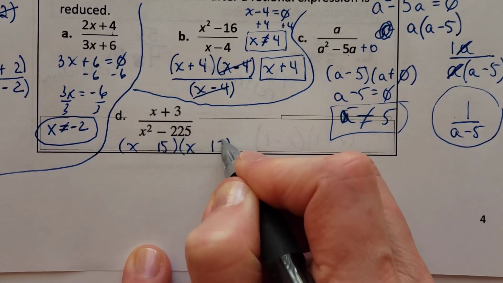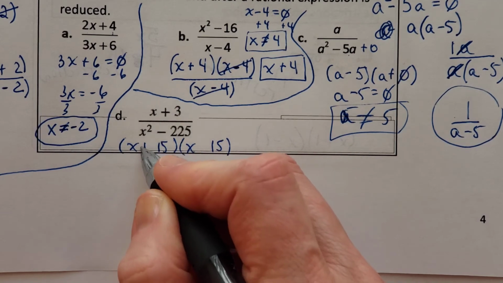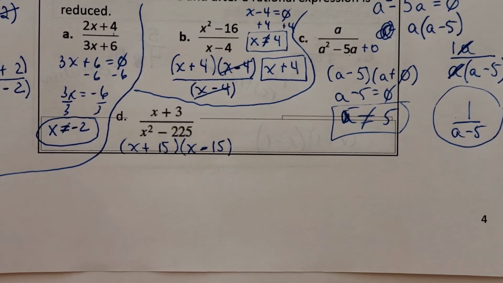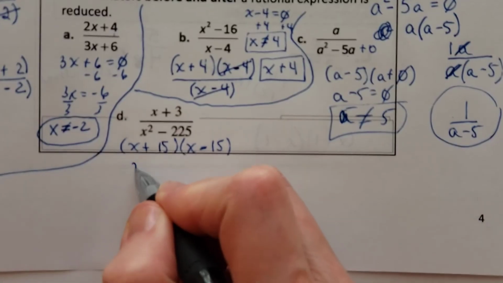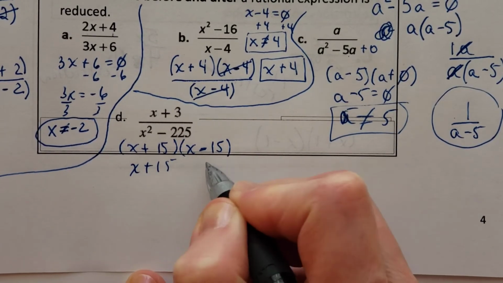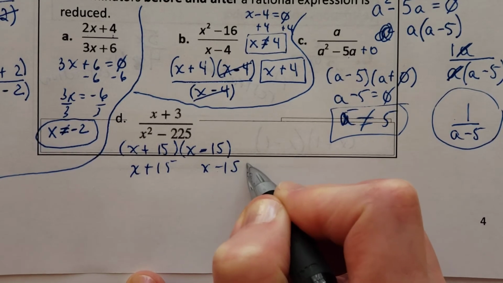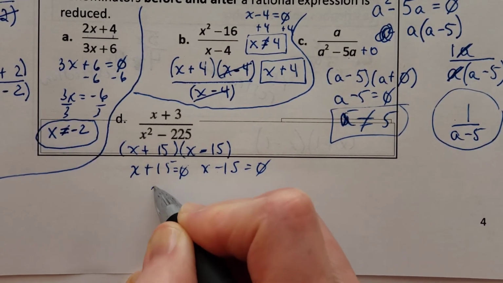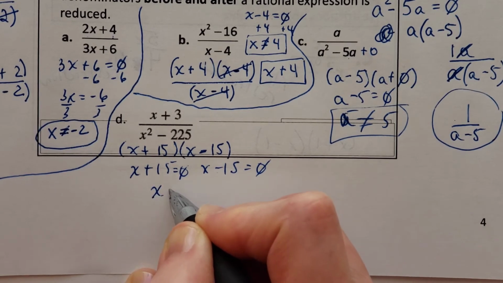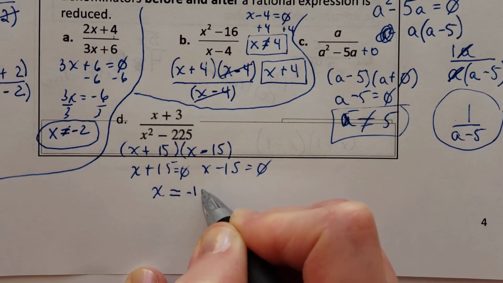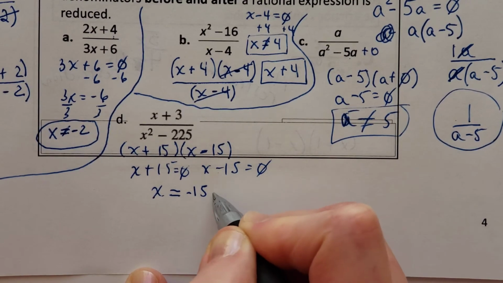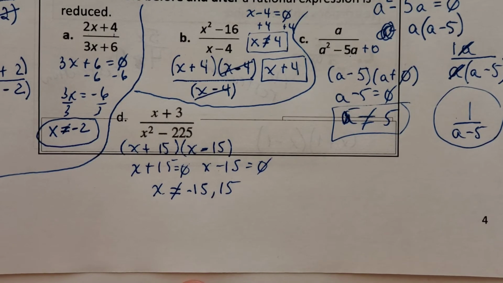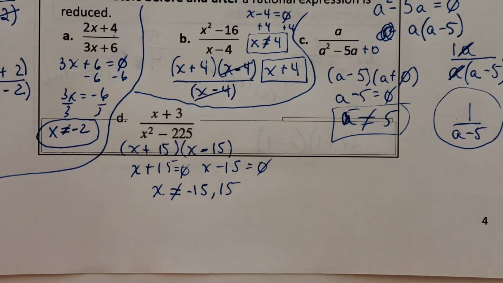So since it's the difference of two squares, one gets a plus and one gets a minus. So now I have two parentheses. I'm going to set them both equal to 0. And then if I subtract 15, I would find that the restrictions are negative 15, and if I add 15 to 0, I get positive 15. So x is not allowed to be 15 or negative 15.